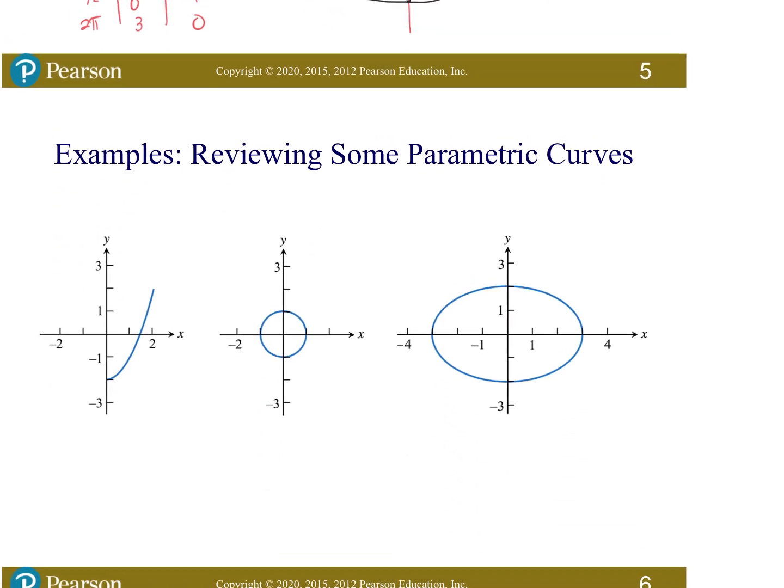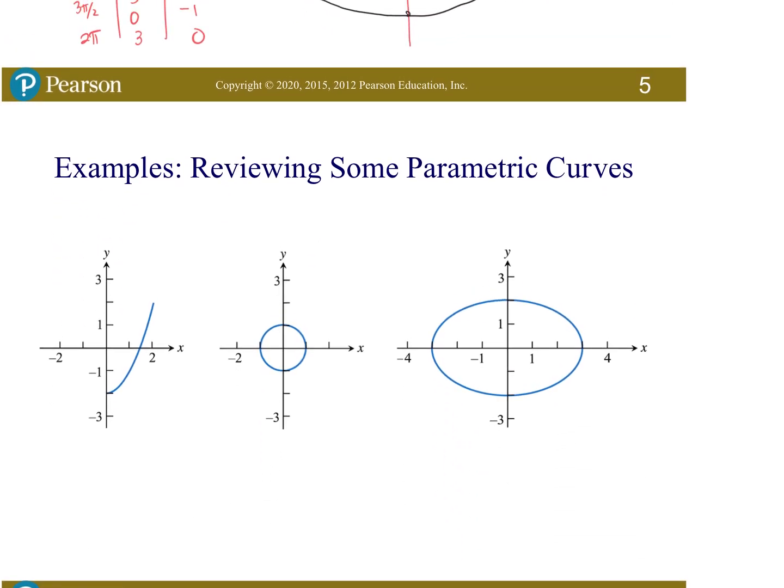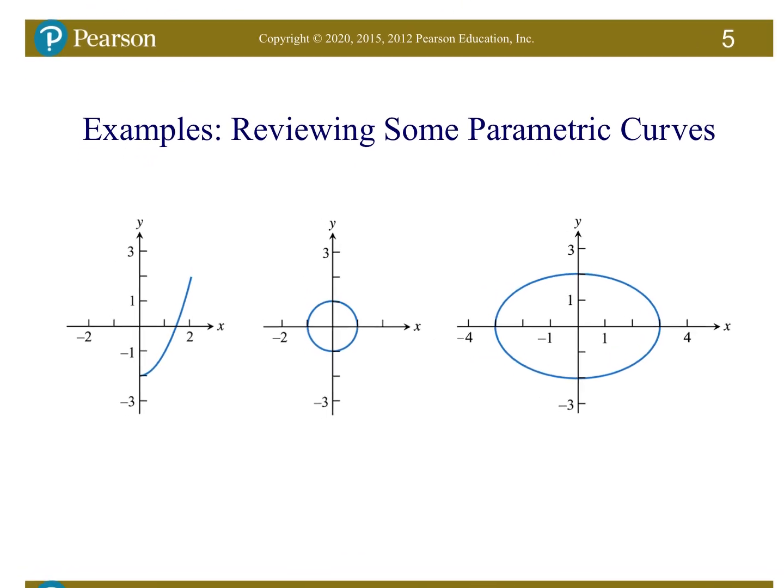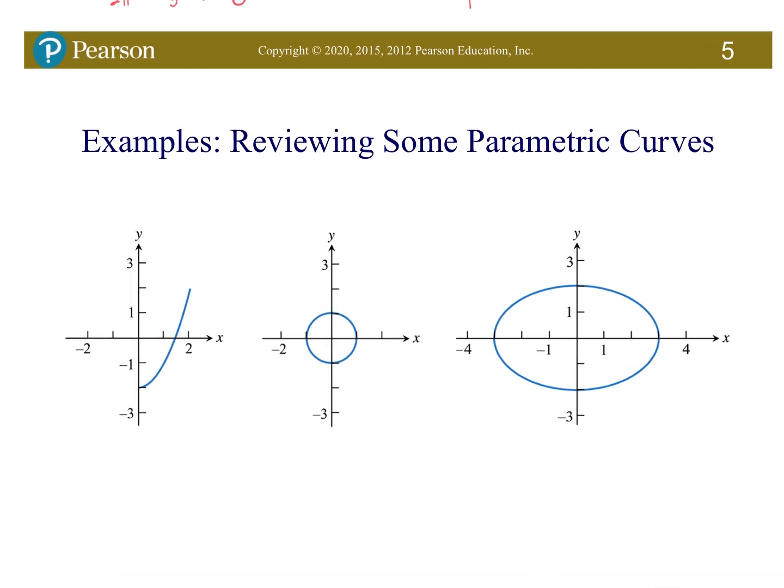These are the parametric curves that we've seen so far. We have seen a parametric curve that turned out to be a parabola, one that turned out to be a unit circle, and one that turned out to be an ellipse, and you should be able to recognize those. In general, a parabola happens when x is a square root and y is linear.